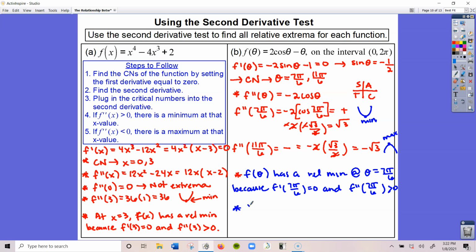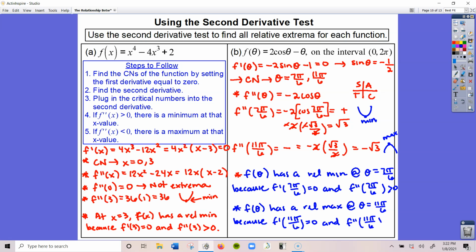And finally, f of theta has a relative maximum at theta equal to 11 pi over 6 because f prime of 11 pi over 6 is equal to 0 and f double prime of 11 pi over 6 is less than 0. And that's your second derivative test.